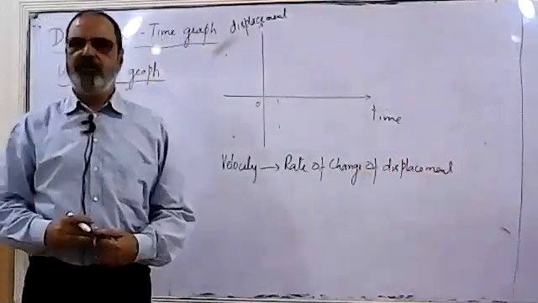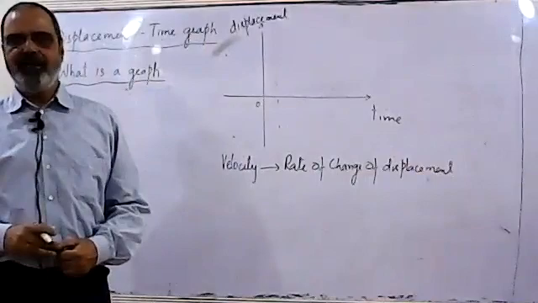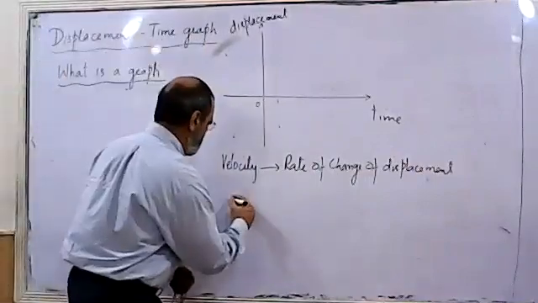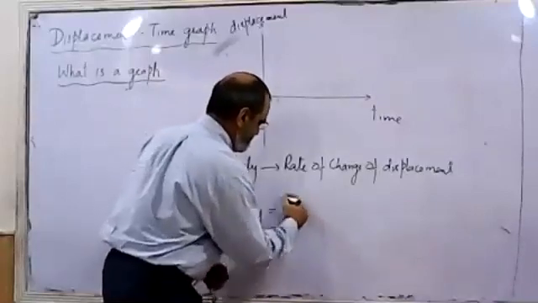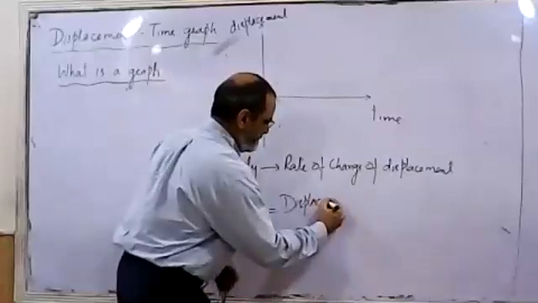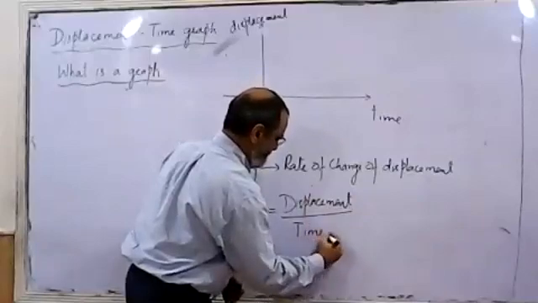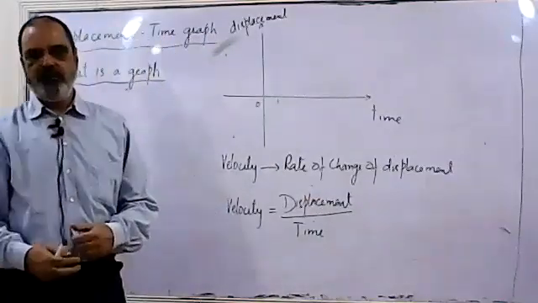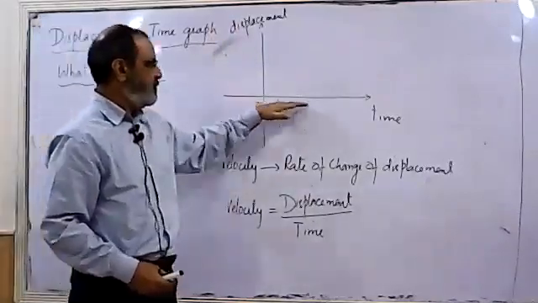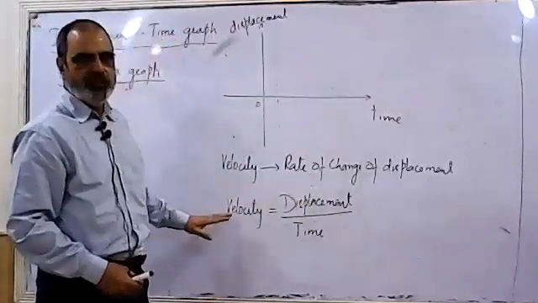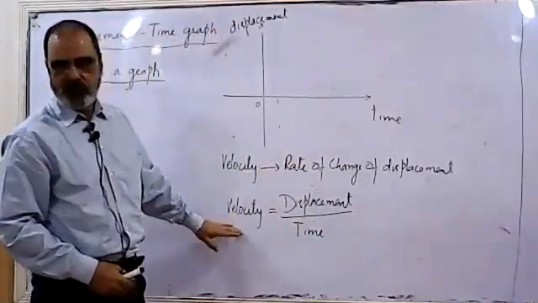It means the relation between displacement and time is velocity. So if we divide the quantity along the vertical axis by the quantity along the horizontal axis, we get the relation between these two quantities. So in this case, that is velocity.